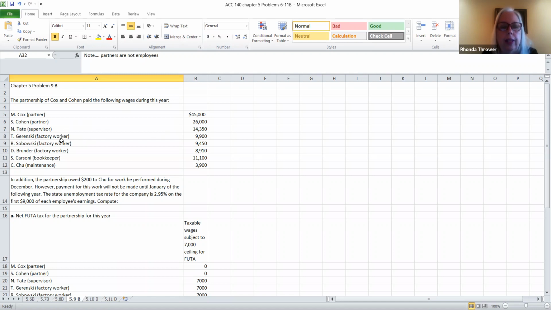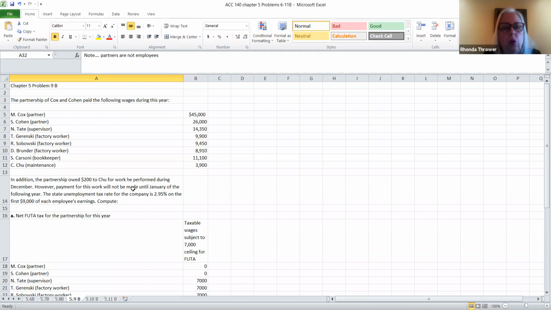T. Gorinsky is paid $9,900. R. Sabosky is paid $9,450. D. Brunder is paid $8,910, and S. Carcioni is paid $11,100, and Chu is paid $3,900.